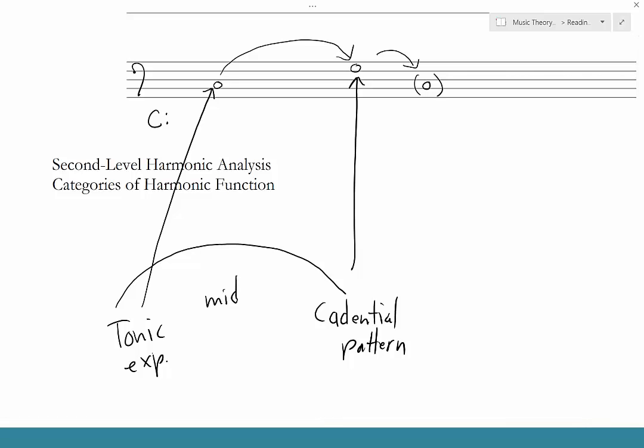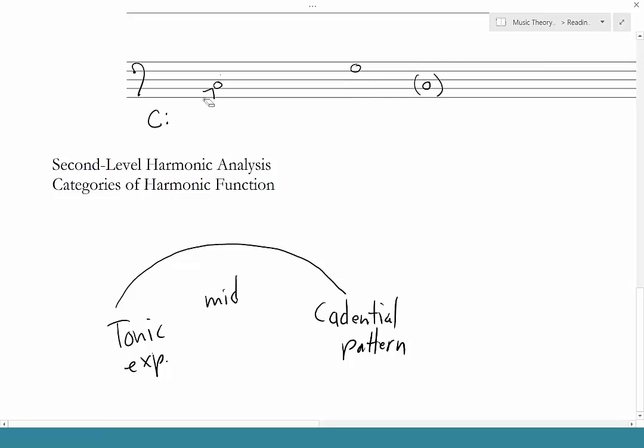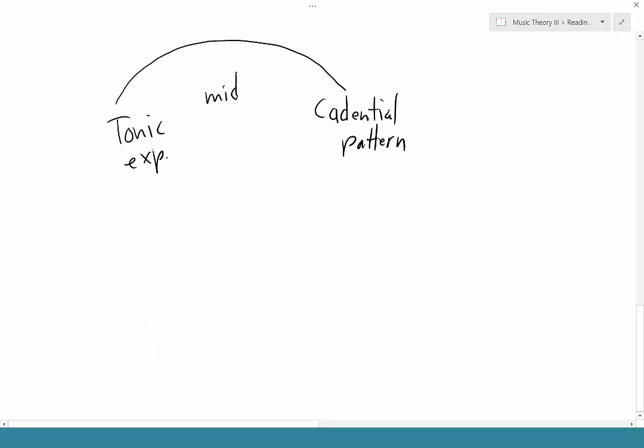So we can generalize here and think about a harmonic model that occurs, and so we use something called categories of harmonic function to group similar chords together.